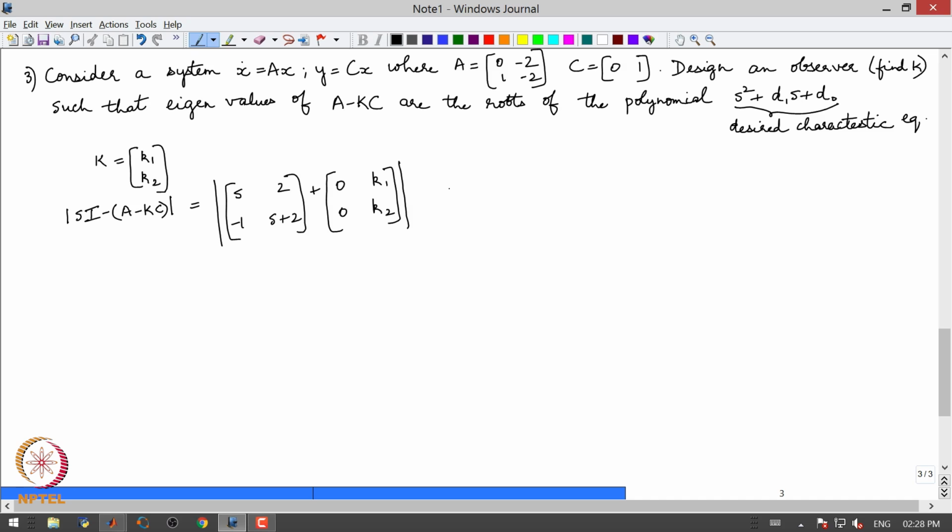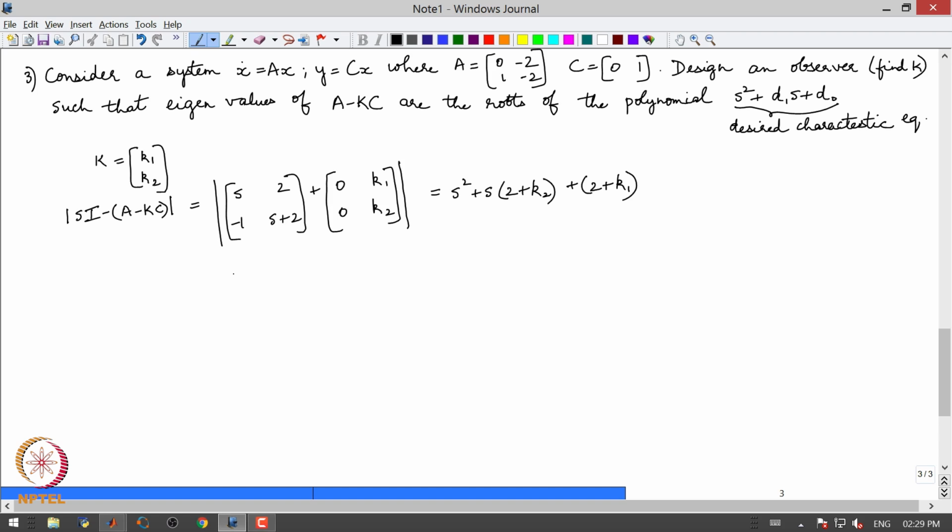If I expand this, I will get s square plus s into (2 plus k2) plus 2 plus k1.